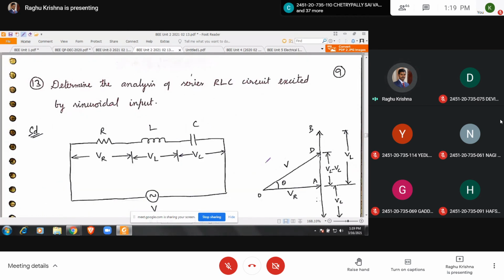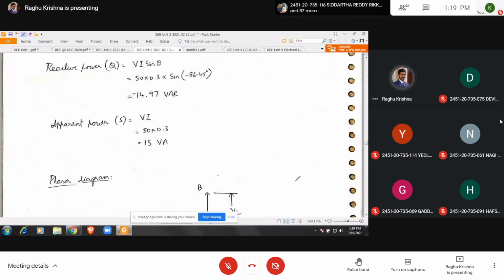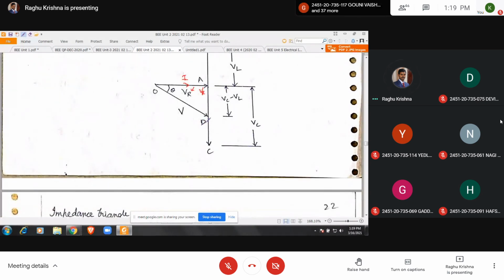So previously, what I considered, VL is greater than VC. So here V is upwards. So V leads the VR. Suppose if VL is less than VC, then you are going to get it like this. So V is downwards.